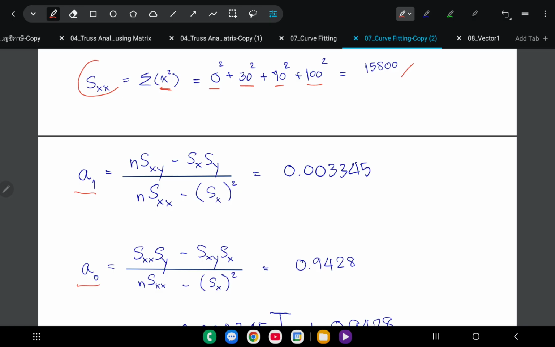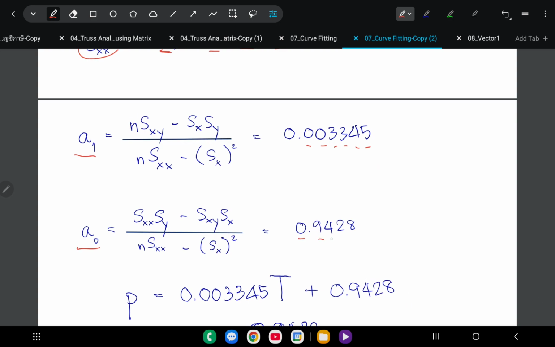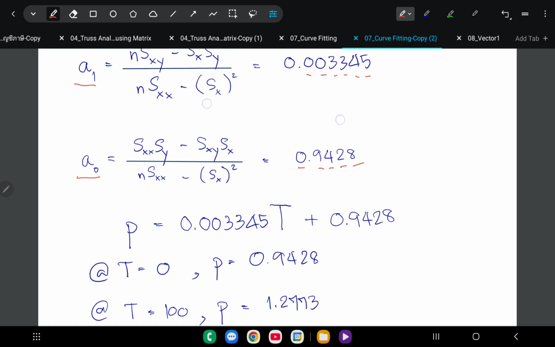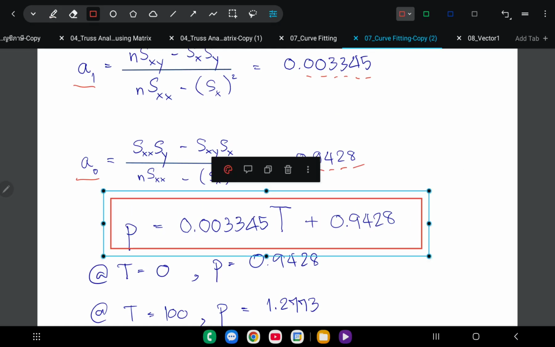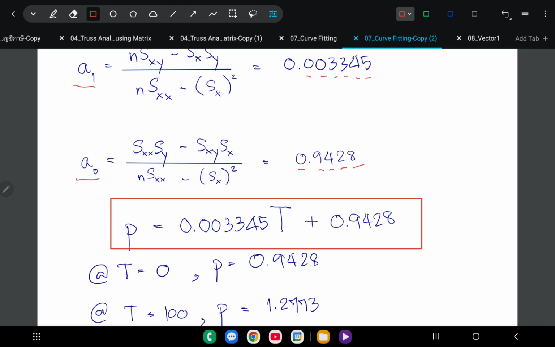So I got a1 equal to 0.003345, and a0 equal to 0.9428, and finally I have the equation relating temperature and pressure. It looks like that. How can I plot this back on the graph?